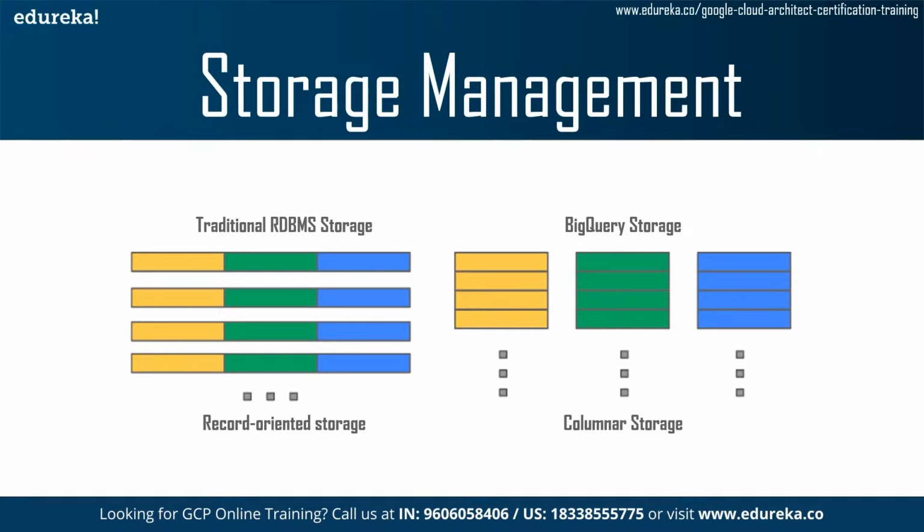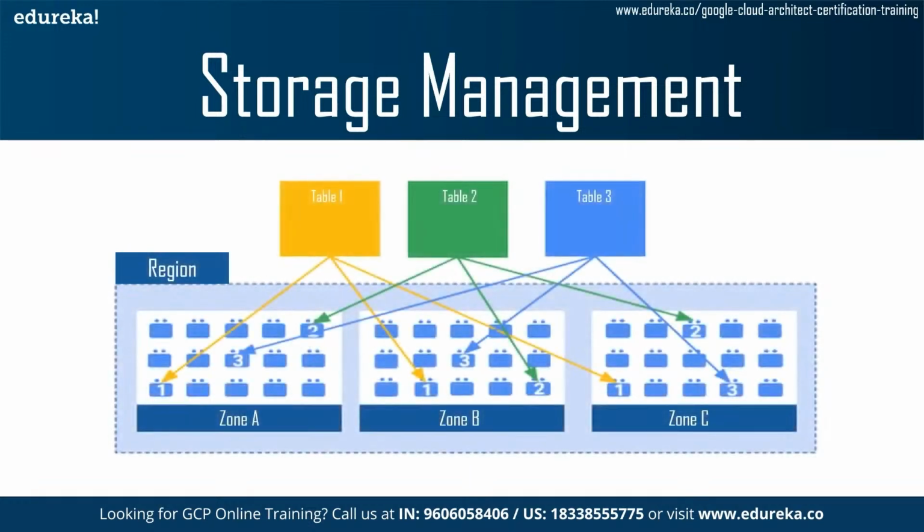Each column in the table is stored in a separate file block, and all the columns are stored in a single Capacitor file, which are compressed and encrypted on disk. Now BigQuery uses query access patterns to determine the optimal number of physical shards and how data is encoded. Now, the actual persistent layer is provided by Google's distributed file system, Colossus, where data is automatically compressed, encrypted, replicated, and distributed.